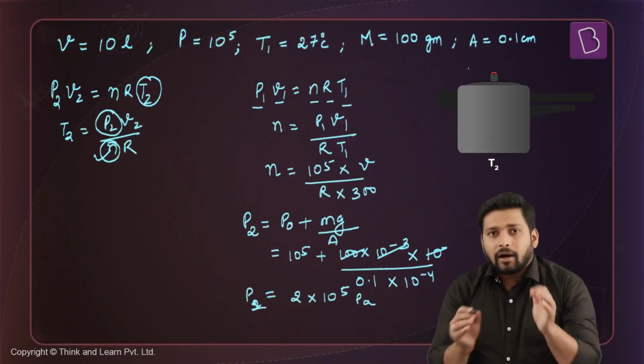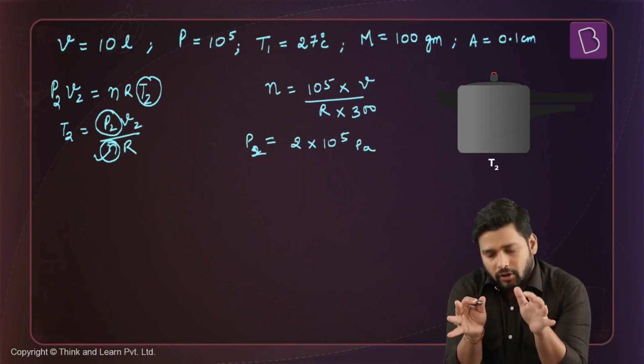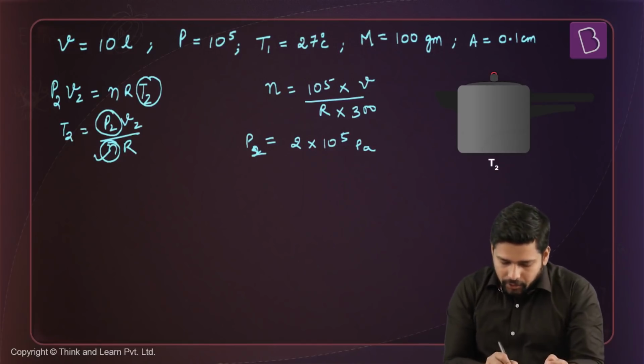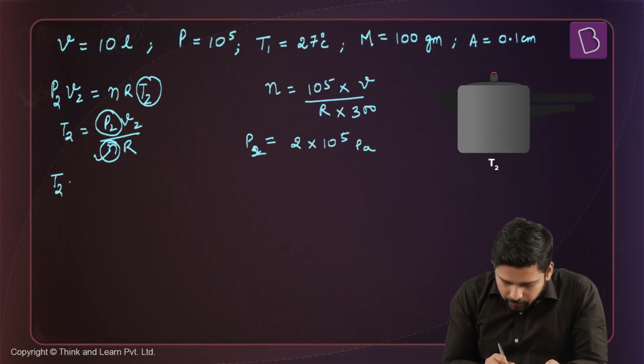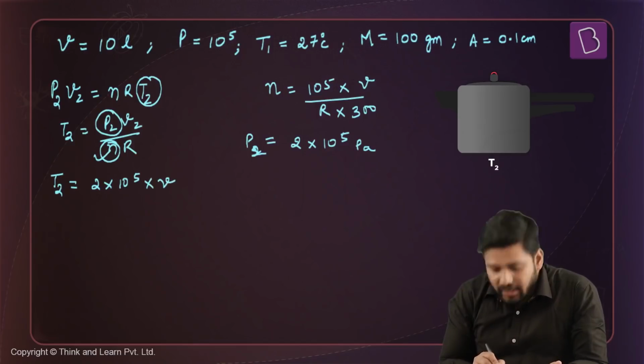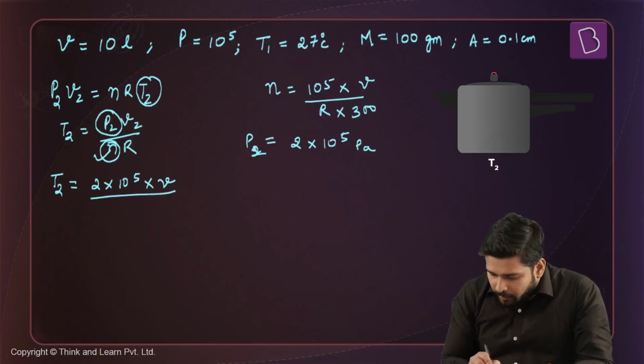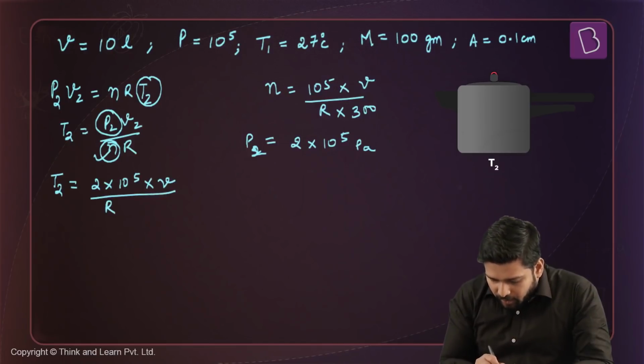Now I'm almost sorted with all the information that I require for solving this problem. All I need is to substitute the values. So if I write T2 equals P2, which is 2 into 10 to the power 5 into V2, and V2 is just V because the volume does not change, divided by R into number of moles, right?